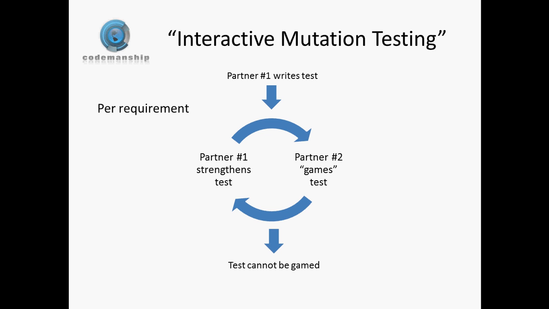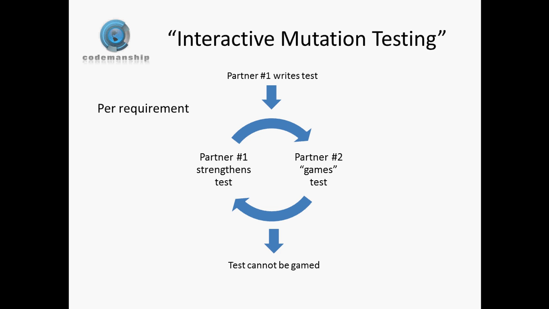And that's a technique called adversarial pairing. The way it works is, for a particular requirement or a particular behavior, one partner in the pair writes a test and then hands the keyboard to their partner, who then tries to game the test, essentially to mutation test it there and then. Find a way to pass the test without doing what your partner intended.